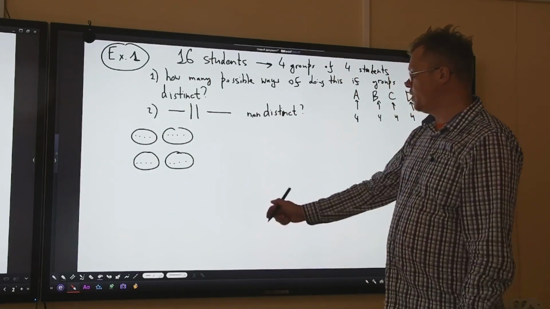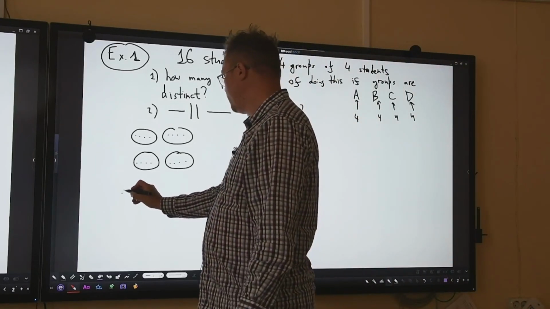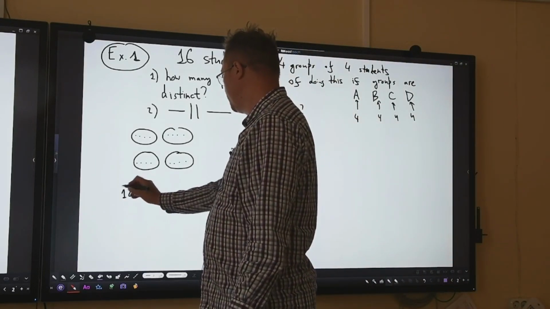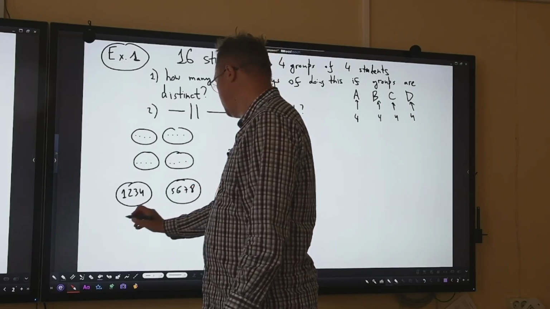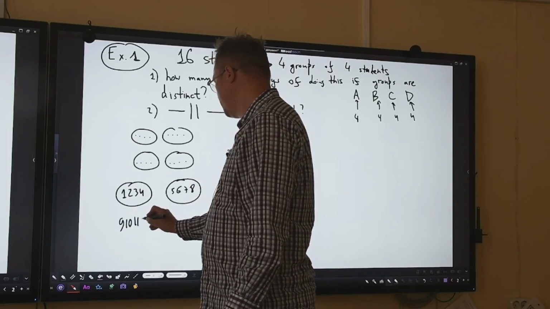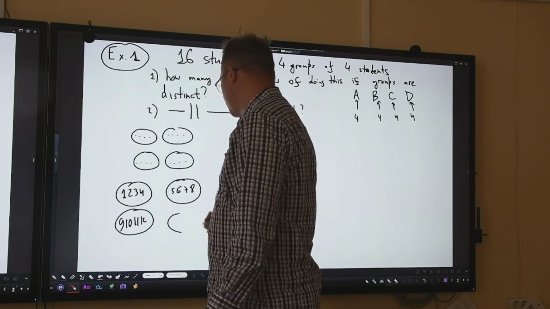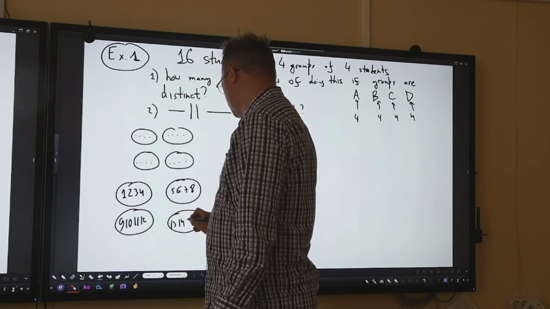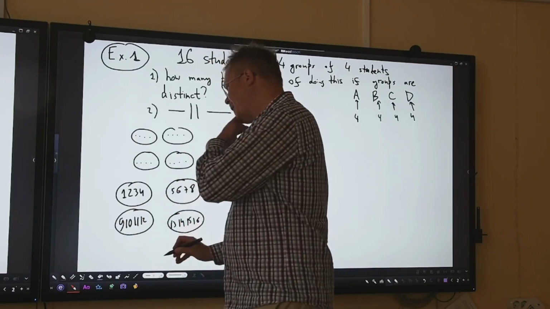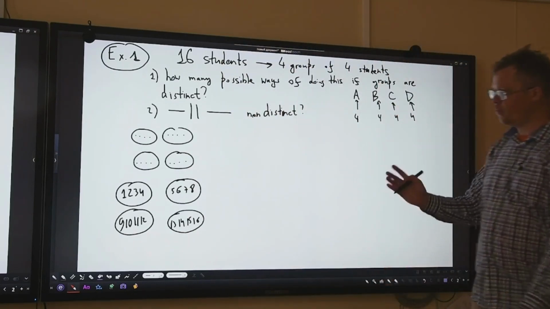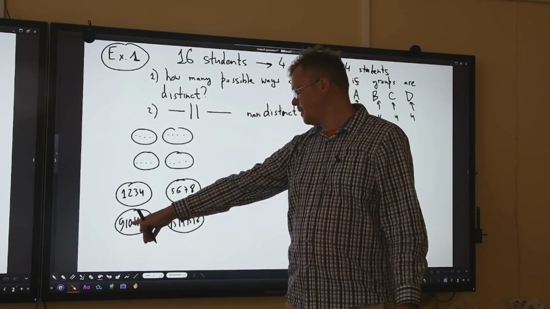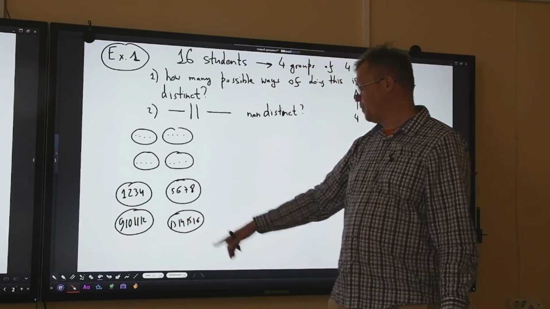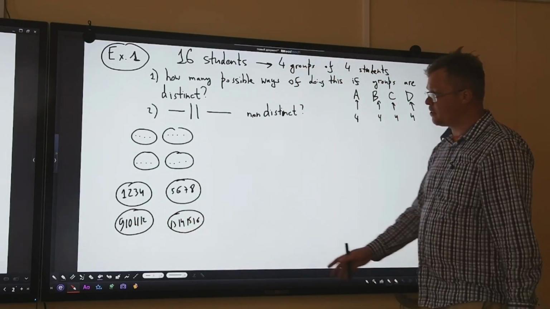So for example, we can make this partition. I enumerate all the students: 1, 2, 3, 4, 5, 6, 7, 8, 9, 10, 11, 12, and 13, 14, 15, 16.